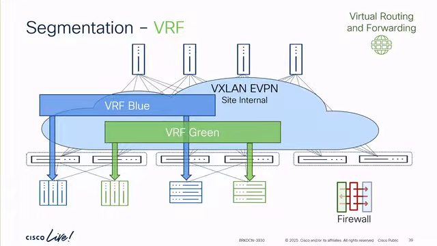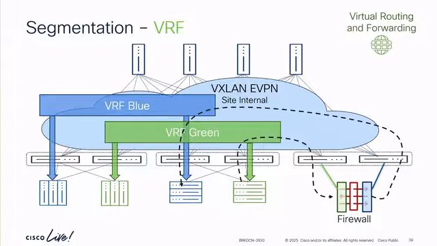And so this is going to provide the ability for me to control how forwarding happens between the blue and the green VRF. And I do that by service stitching or service redirecting the traffic to the firewall. And the firewall will make its packet manipulation and or policy decisions, and then we will ultimately send it back if that's in fact what the firewall has decided needs to happen.